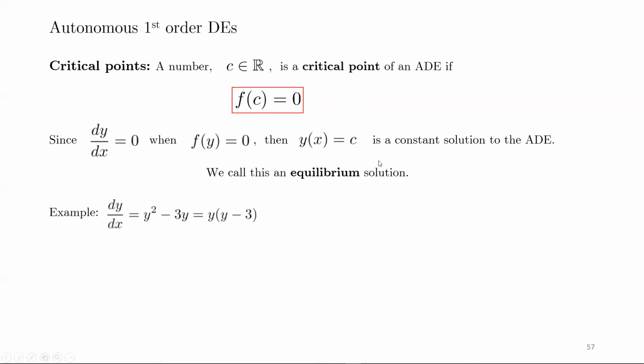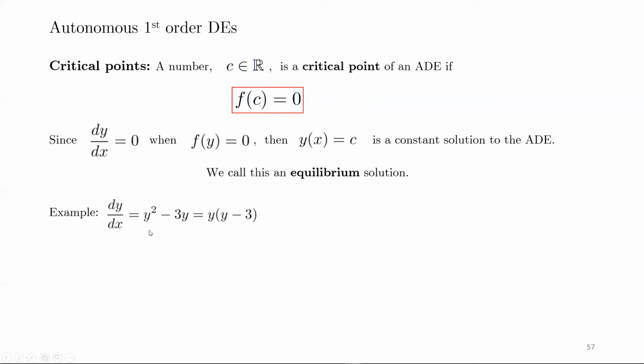So, for example, dy by dx equals y squared minus 3y. We can pull out a common factor of y there, so that we can write that as dy by dx equals y times (y minus 3).